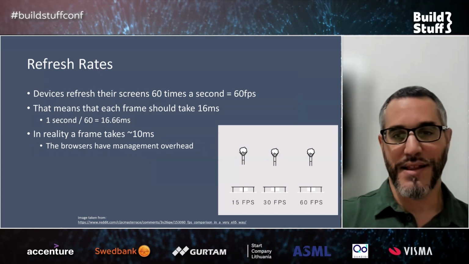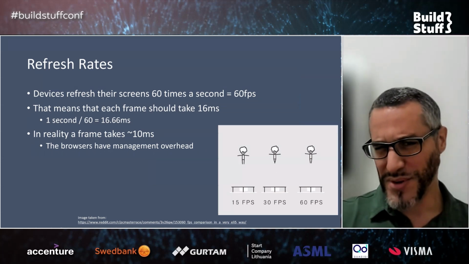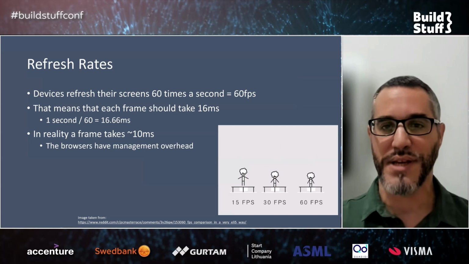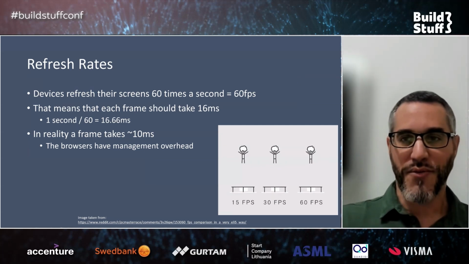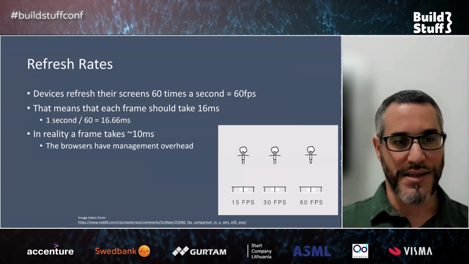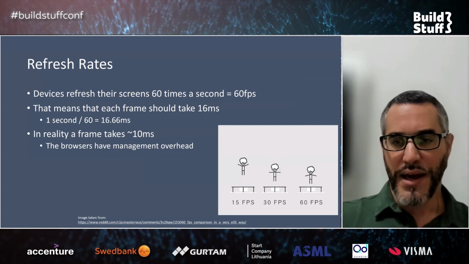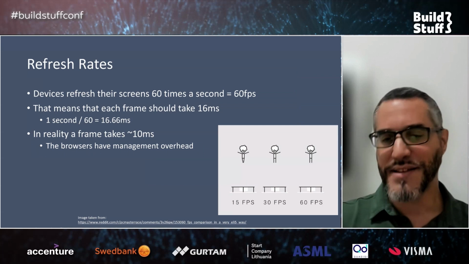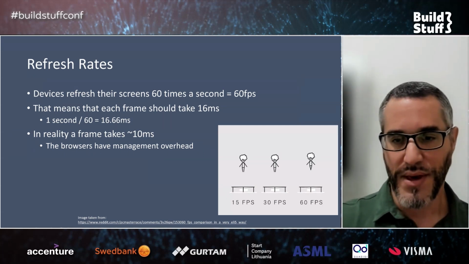That means that the screen is refreshing something like 60 times a second, which means we have 60 frames per second. That means that the browser needs to produce each and every frame that it is creating in 16 milliseconds. 1 second divided by 60 is 16 milliseconds. In the real world, it's supposed to take something like 10 milliseconds because browsers have their own overhead of management.